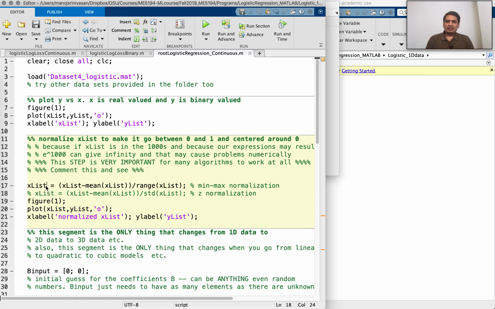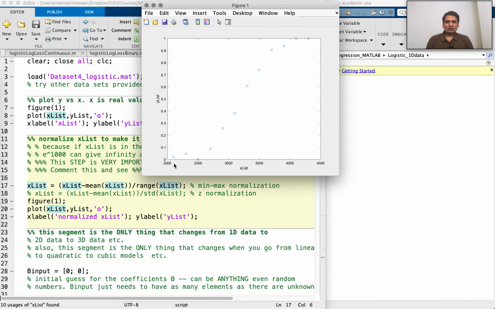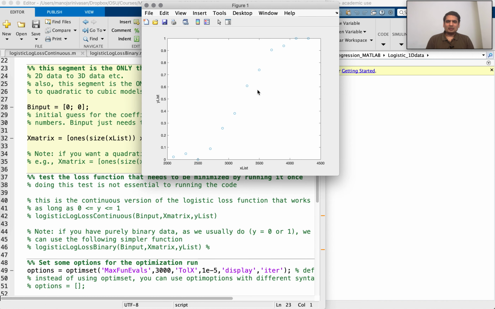What I'm doing here is reassigning x. I'm subtracting out the mean from x and then dividing by the range of x, right? So subtract out the mean so that it's centered around 0, and then divide by the range, which is about a couple of thousand. And what that will give us, let me run this thing, is what's called a normalized x list, where basically the range is like minus 0.5 to 0.5, right?